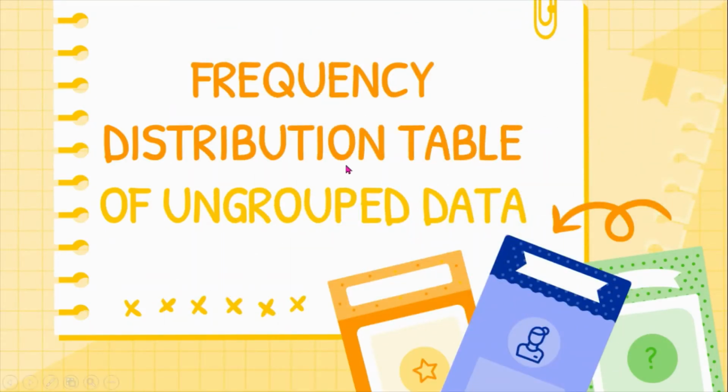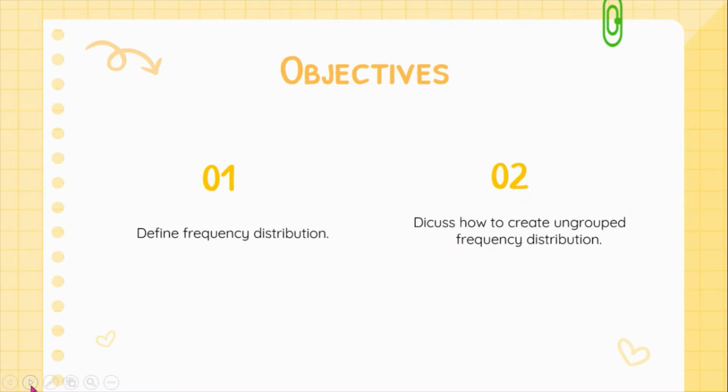Let us also discuss frequency distribution tables of ungrouped data. For our objectives, we have first, define frequency distribution. Number 2, discuss how to create an ungrouped frequency distribution. And number 3, create a frequency distribution table.